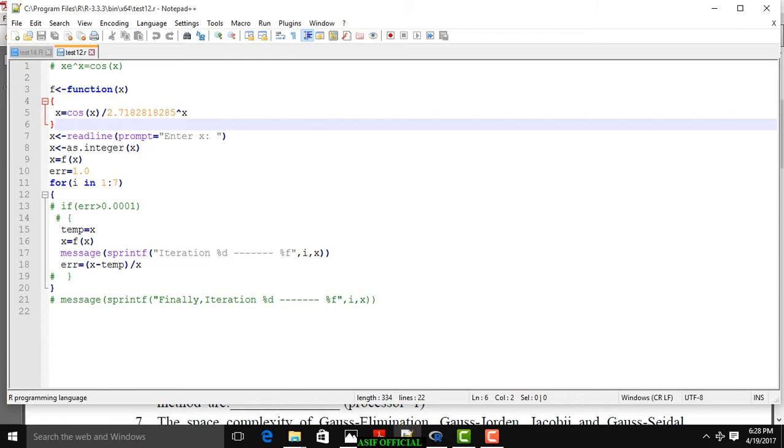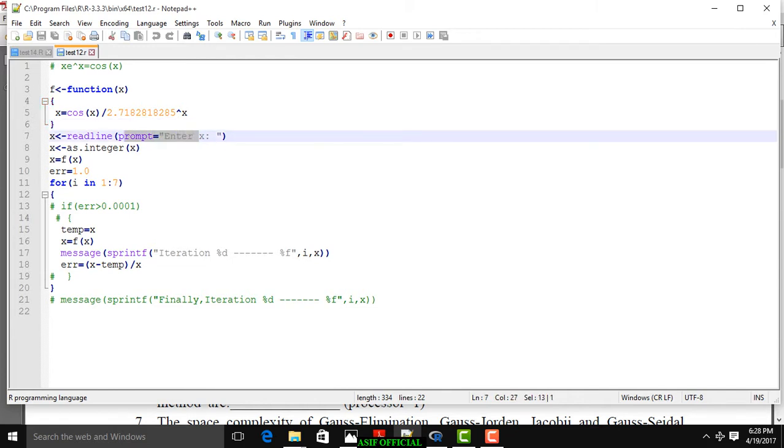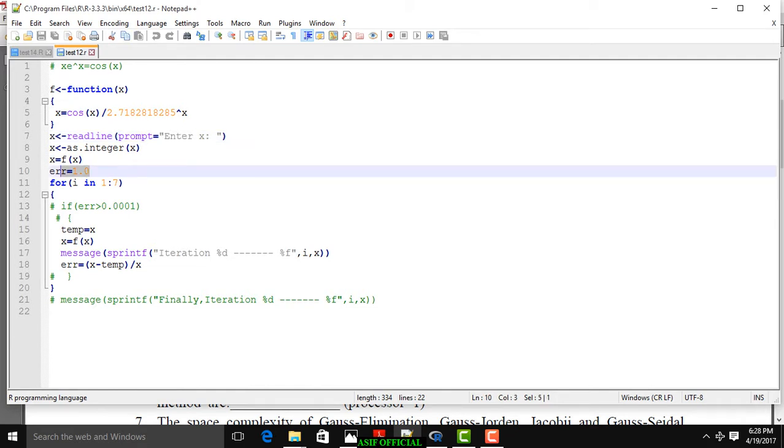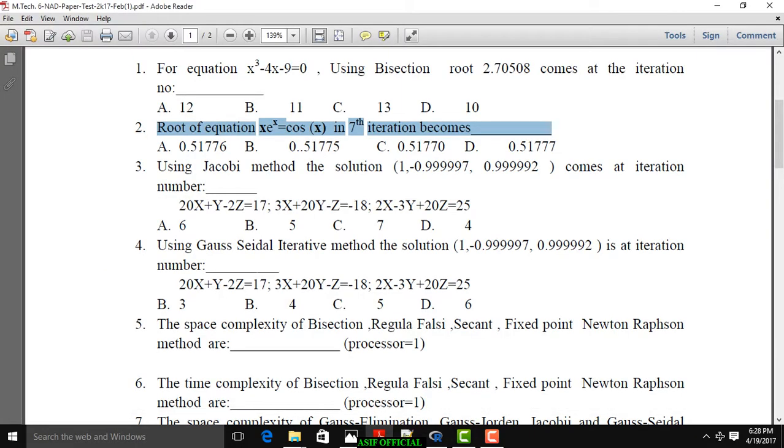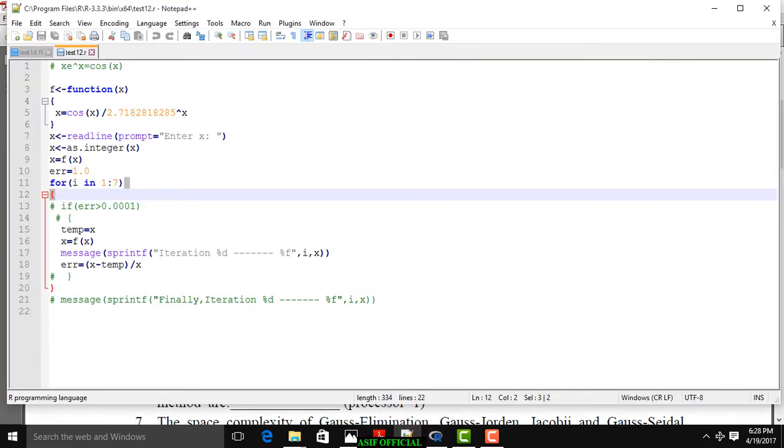As we can see, the value of x can be given by the user, and the error limit here is taken as 1.0. The for loop runs up to 7, as the question asks for the seventh iteration, and our condition is that the error must be greater than 0.0001.